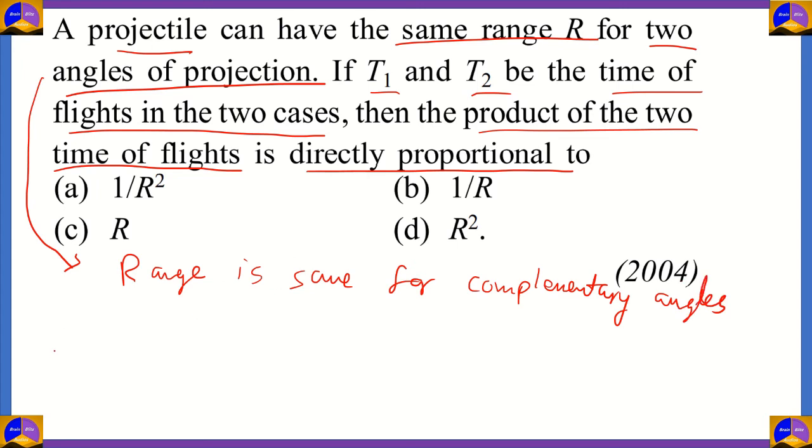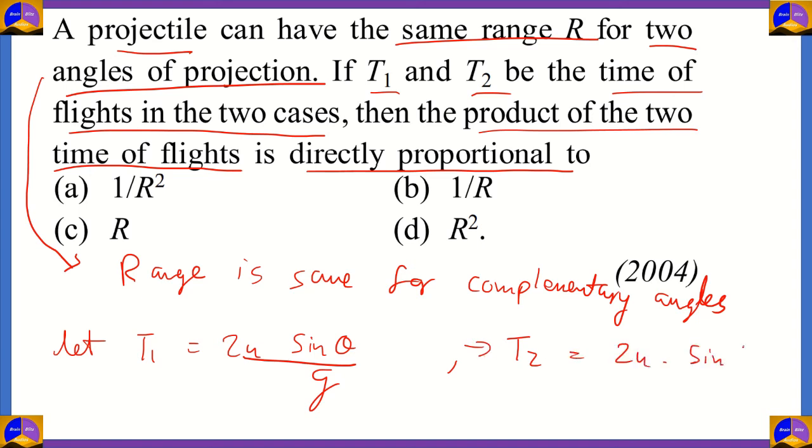Now we will consider t1 as equal to 2u sine theta by g. Then we can write t2 as equal to 2u times sine of 90 minus theta divided by g.